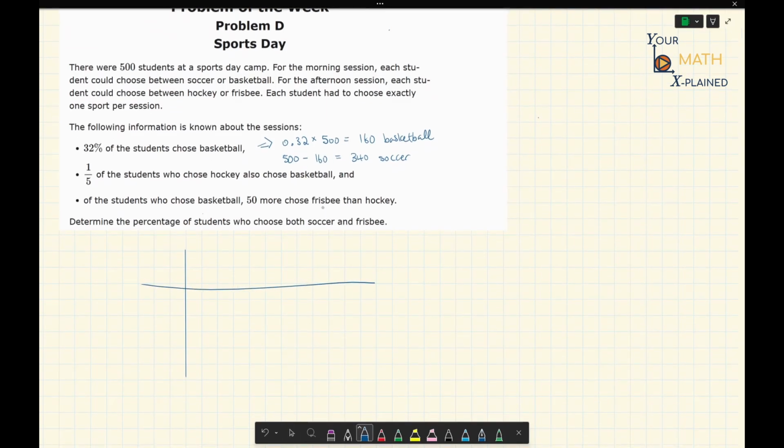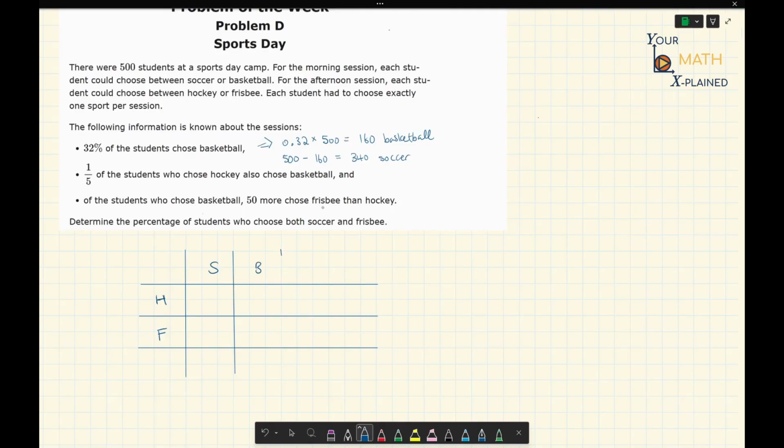So we'll set up a table where we can see the interactions between the morning sports and the afternoon sports. We'll put hockey and frisbee on the side. We will put the morning sports, soccer and basketball, at the top.